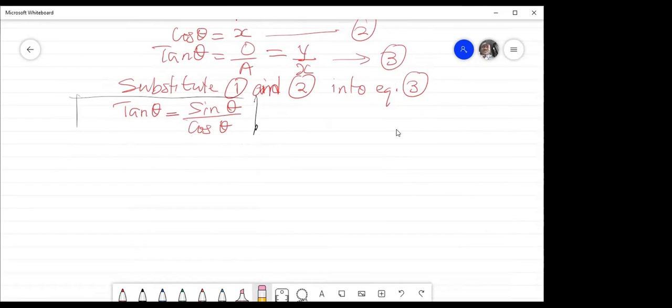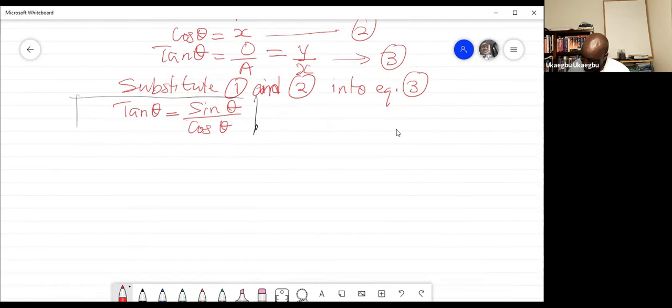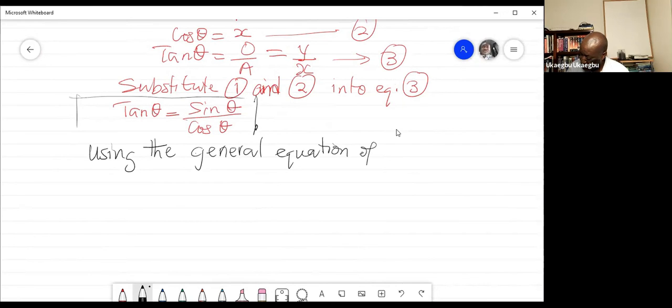So we can say, using the general equation of a unit circle, that general equation is x squared plus y squared equal to 1.